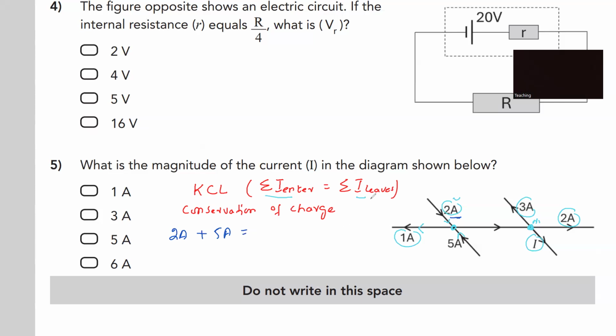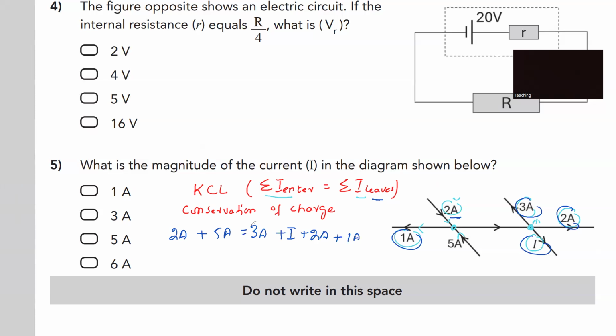And the second side is current leaving. The current leaving here is 3 ampere, plus the current leaving is I, plus the current leaving is also 2 ampere, and the current leaving is also 1 ampere. Just write this down.